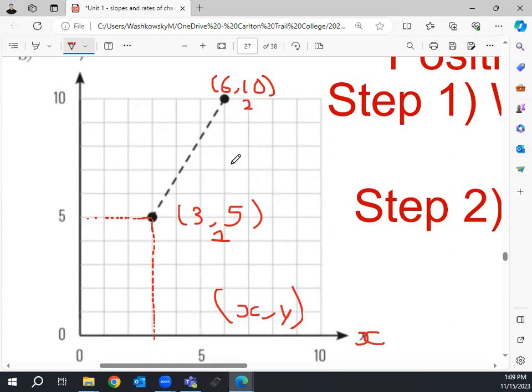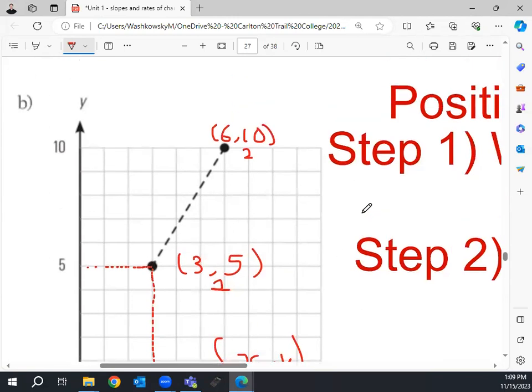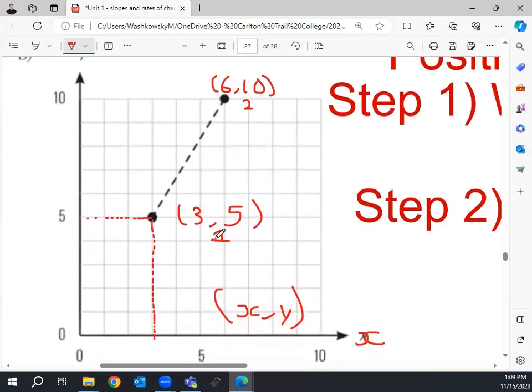And how come I know that's my second one? Well, there's 2 dots, but how come I know that's the second one, not the first one? Remember, as we read a line, we read it from left to right. This is the first point I see, and this is the second point I see. So we always read it just like the book, left to right. Sorry, that's a 2 under the 10.